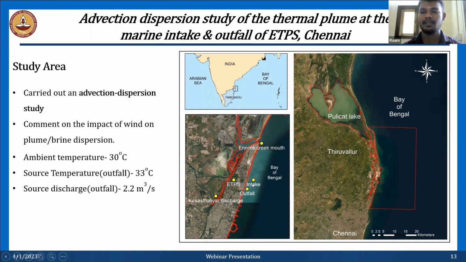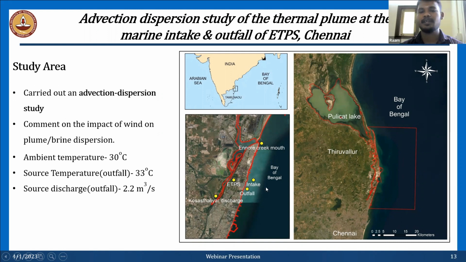Intake is nothing but we will consume the water from the ocean for the power plant purpose, and again they will outfall the wastewater into the ocean. This is the process usually power plants follow.